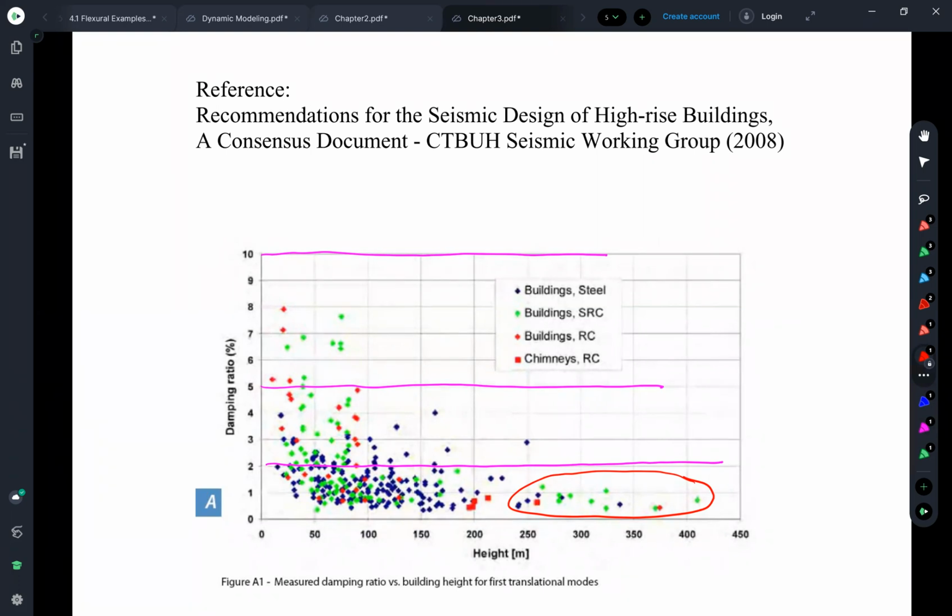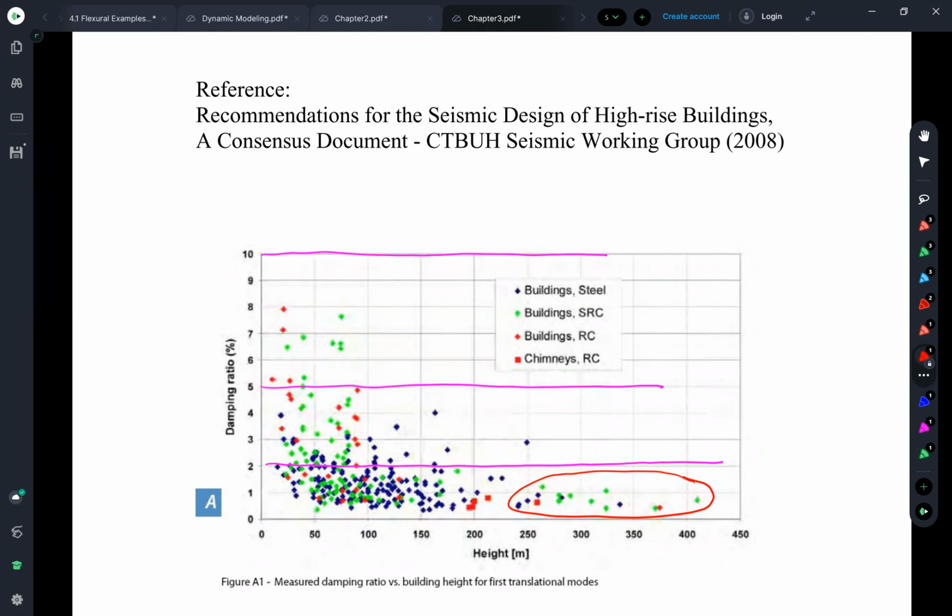That's why in practice, many design codes recommend, under the wind loading for the RC building, that the designer use less than 2%. For a very tall building, less than 1%.